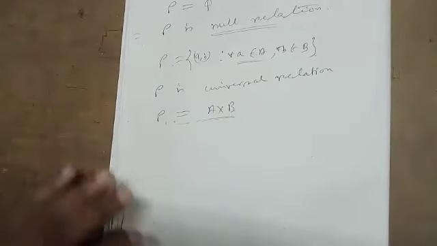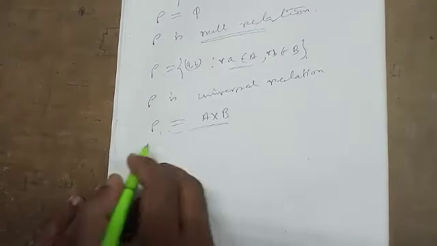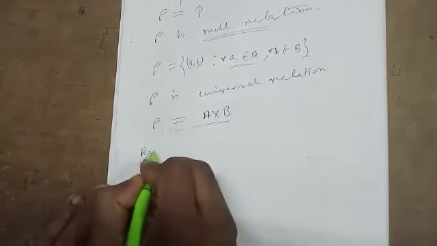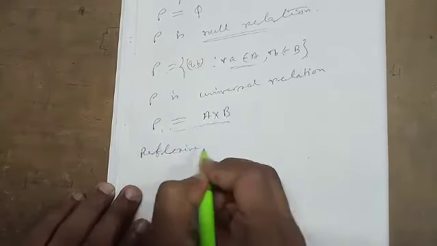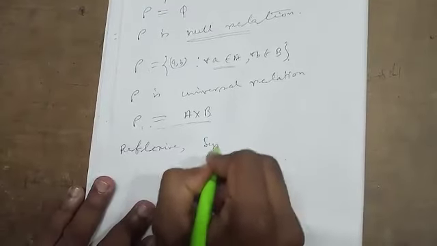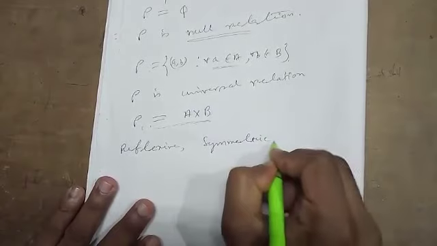Now we will discuss very important types of relation, and they are reflexive, symmetric and transitive.